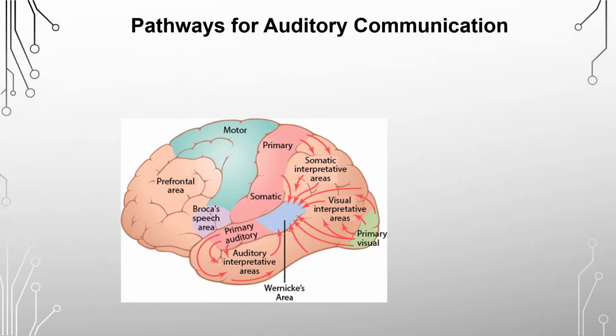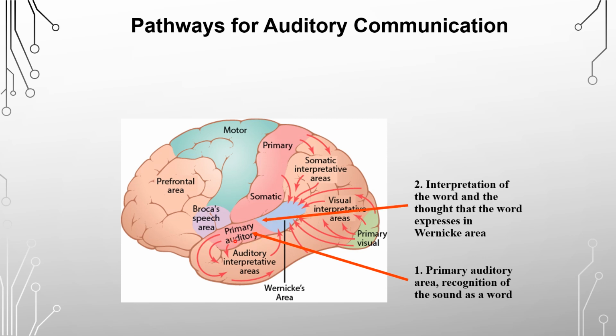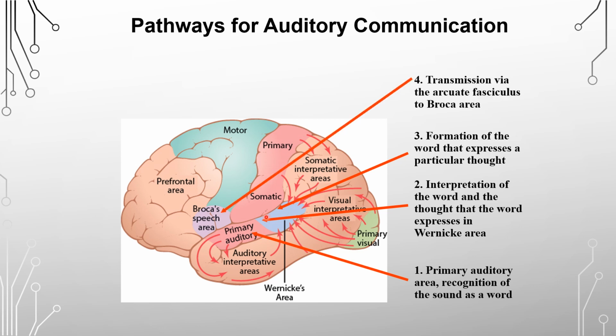Pathways for auditory communication: the primary auditory area is concerned with the recognition of the sound as a word, and then interpretation of the word and the thought that the word expresses. All these things happen in Wernicke's area. And formation of the word that expresses a particular thought also happens there.